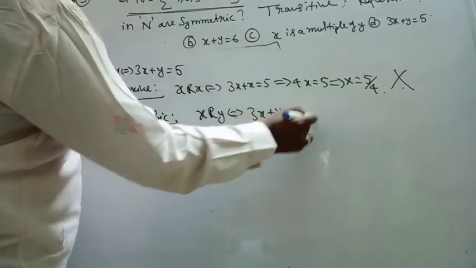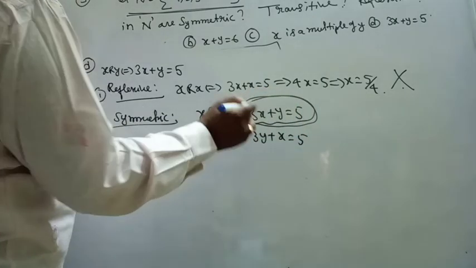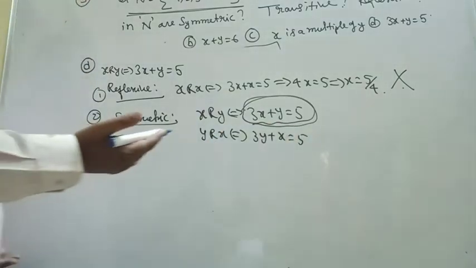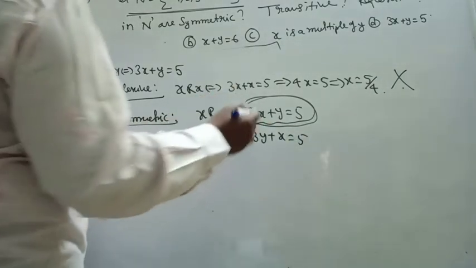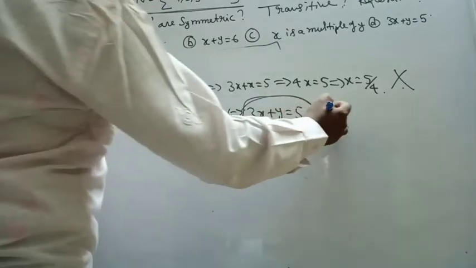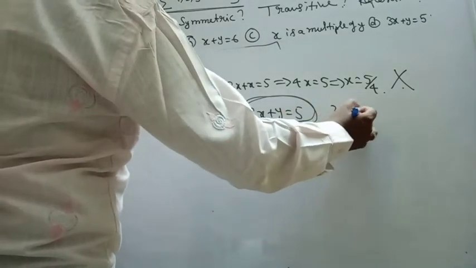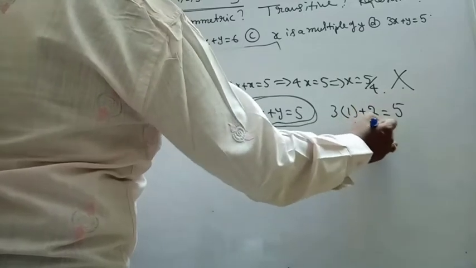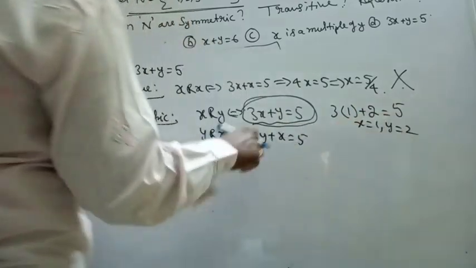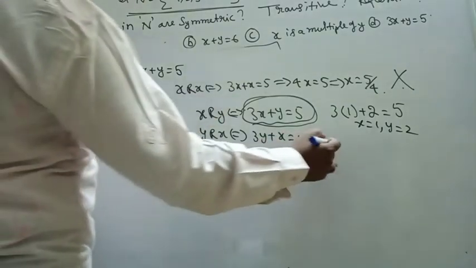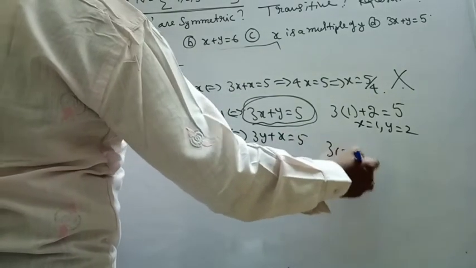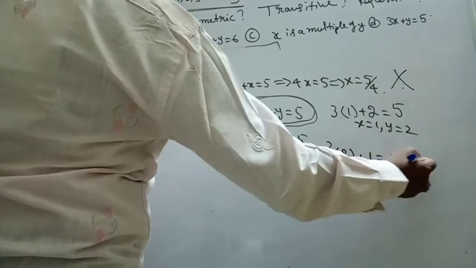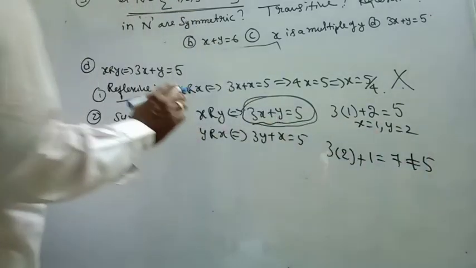If 3x plus y is equal to 5, can you say that 3y plus x equal to 5? No, you cannot say that. For example, take x is 1 and y is 2. 3 into 1 plus 2 equals 5. Now 3y plus x is 3 into 2 plus 1, which is equal to 7, but it is not equal to 5. Therefore it is not symmetric.